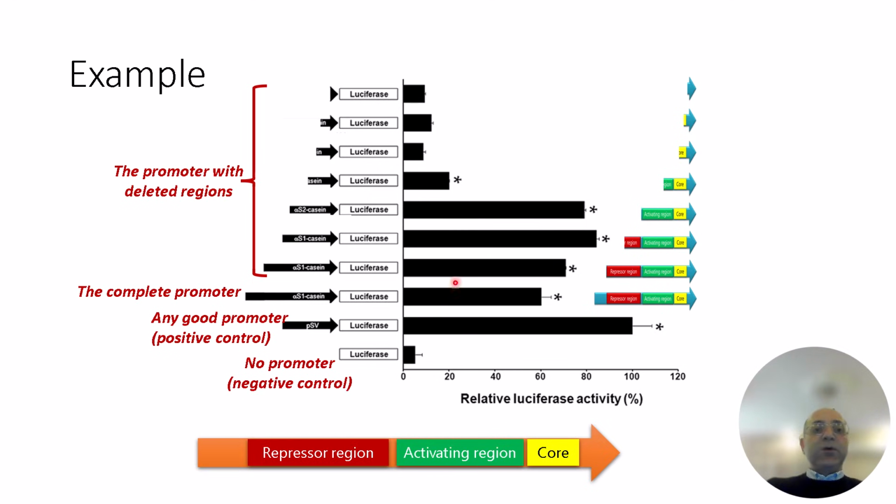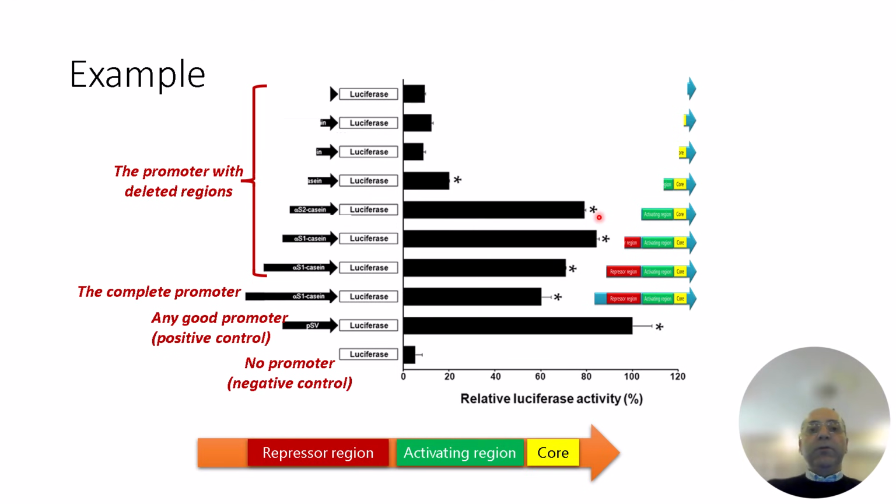So by removing the repressor region, I should get an increase in expression, and that's exactly what happens. When under control of the whole promoter, including the repressor region, I get this amount of expression. If I remove the repressor region piece by piece, little by little, I get more expression. Wonderful. So I know that this region contains a repressing region.